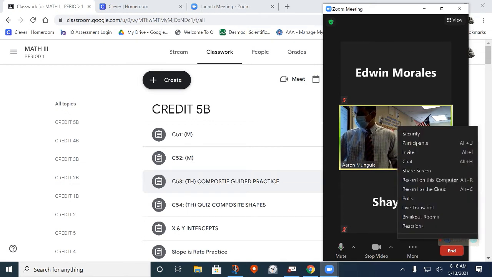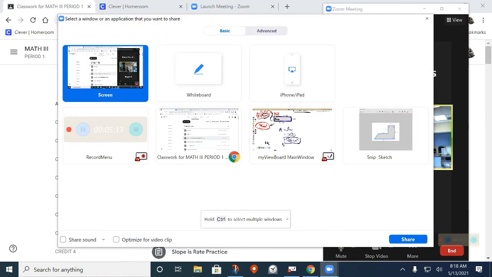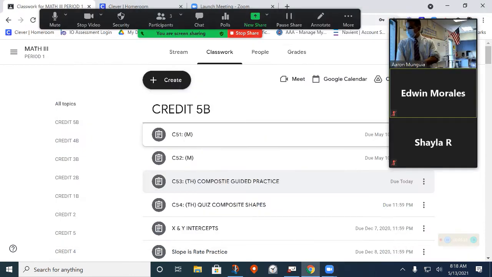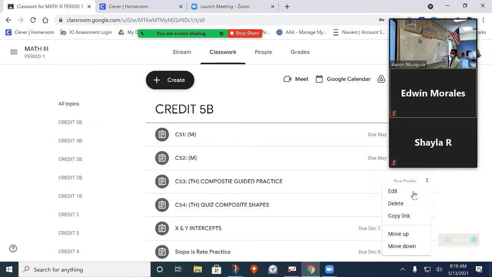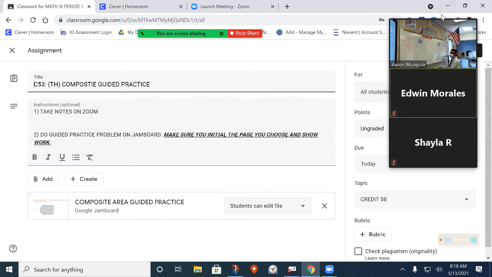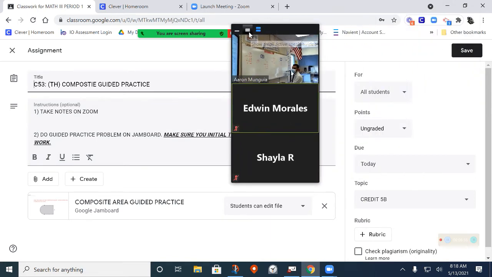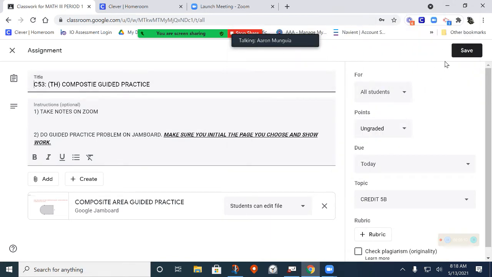Notice, let me share my screen here. So we're moving around right into credit 5. We're already on C53 and C54 for Thursday. Notice. I think I made it accessible to everybody. Let me double check. So C53 is, yep, that's ready to go.